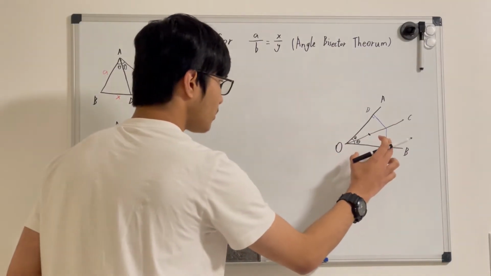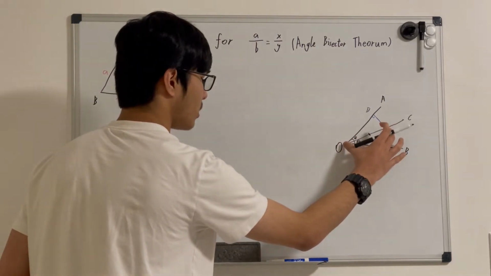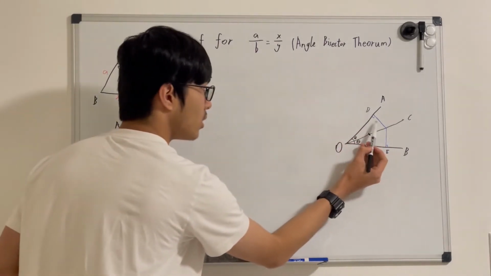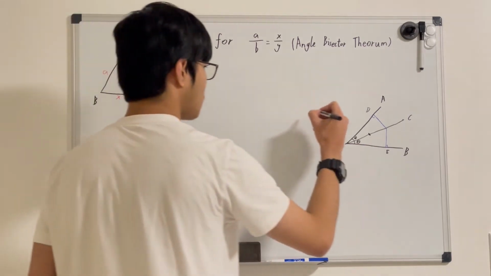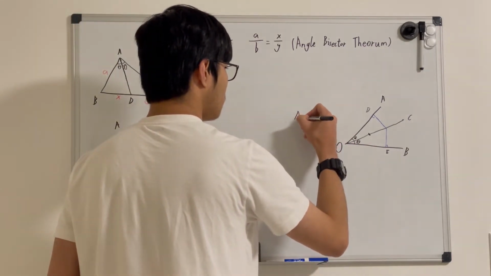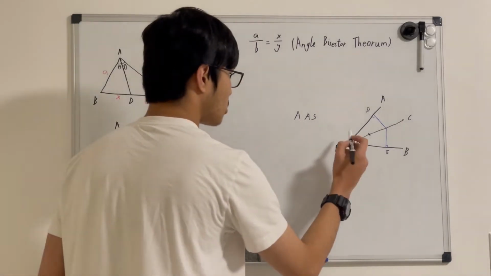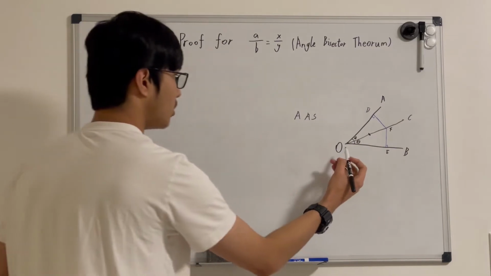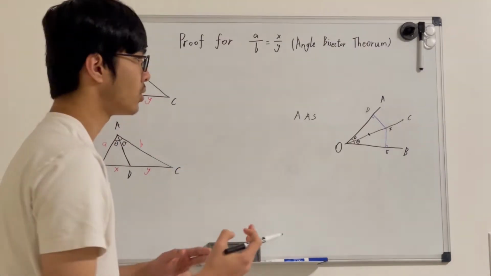So actually in this case, these two angles are the same and they share a common side. And here, we actually have right triangles. So in this case, it is angle-side-angle. Let me name this point F. Triangle ODF and triangle OEF are congruent to each other.